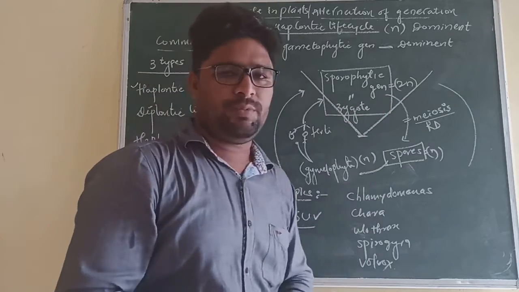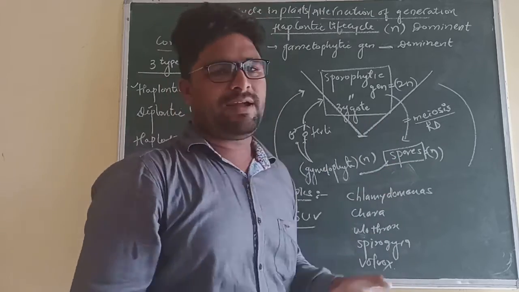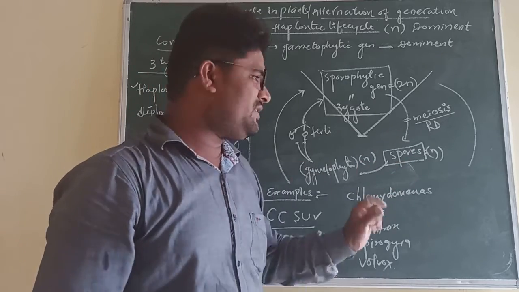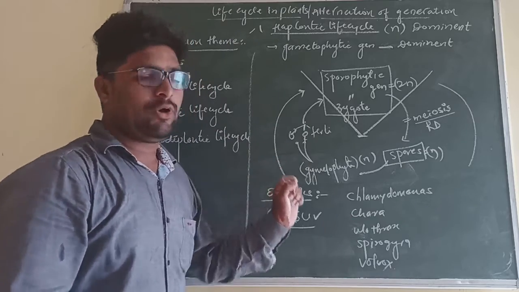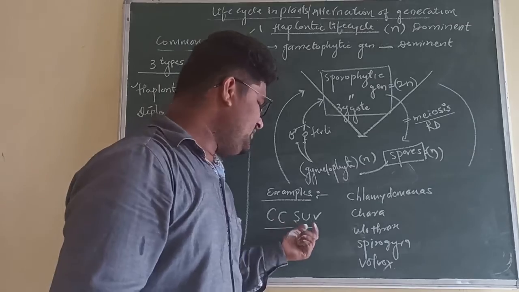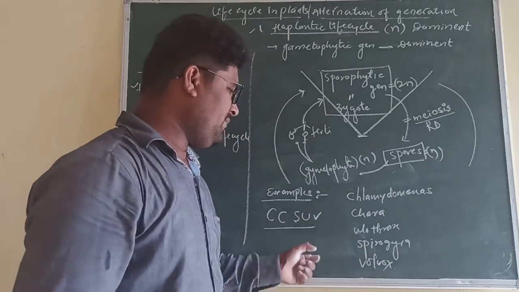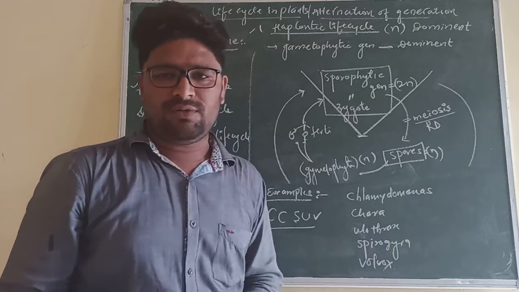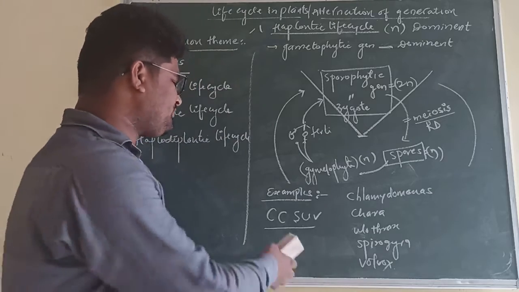That's why it is said to be haplontic life cycle, because in the overall life cycle the plant goes through the haploid stage maximum time. Okay, and the examples are the classic car SUV. SUV is the car name. Chlamydomonas, Chara, Ulothrix, Spirogyra and Volvox are some examples of haplontic life cycle.